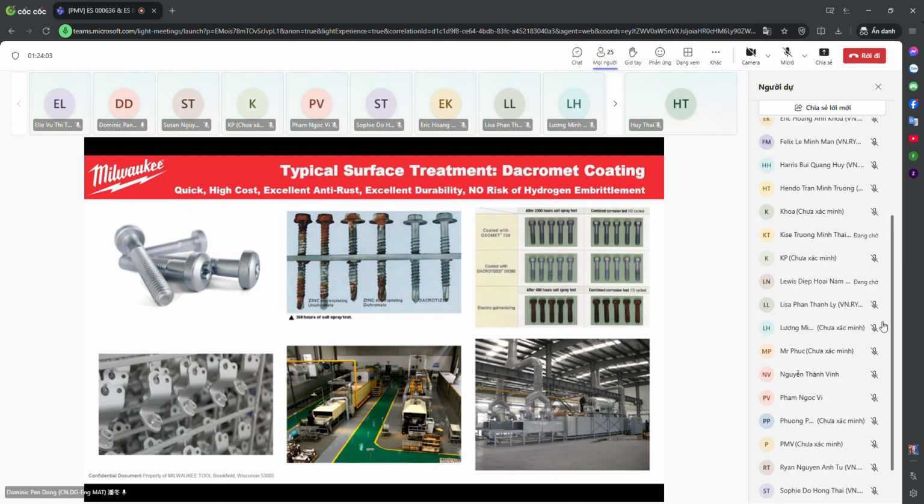And here we can see the silver-white color dichromatic coating. Dichromatic coating is specially applied for our fasteners, that means screws or bolts or nuts. They can give us very excellent anti-rust performance. And there are only two concerns.